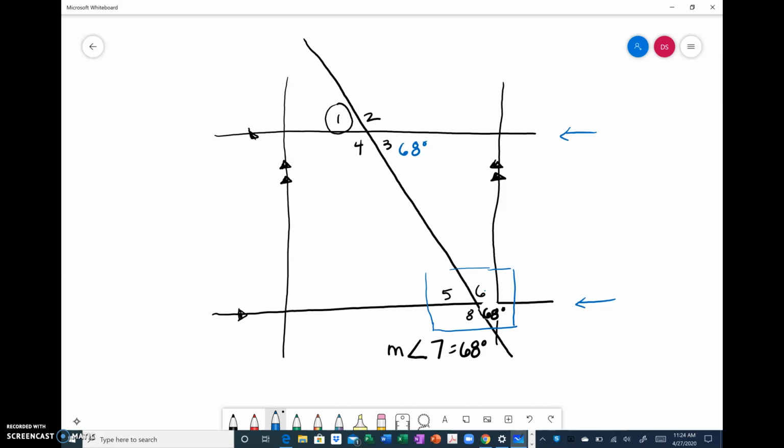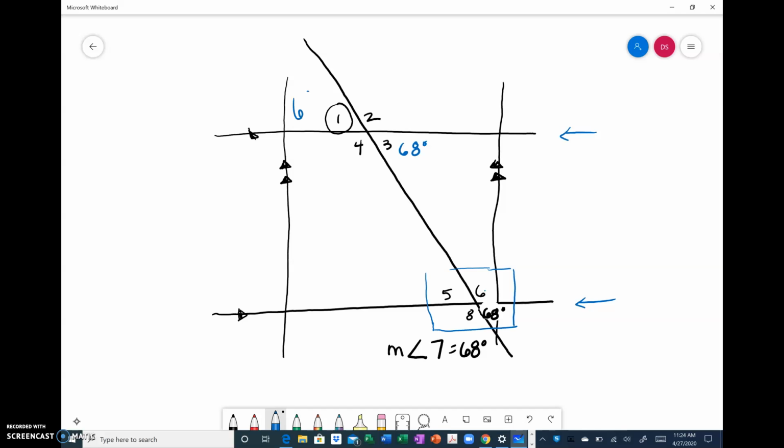Now, you know, based off of something that we covered earlier in 10.2, how to find the measure of angle 1 now. So I'm going to take a little pause and you figure out how you can know what the measure of angle 1 is. It is a vertical angle with angle 3, okay? And vertical angles are congruent.